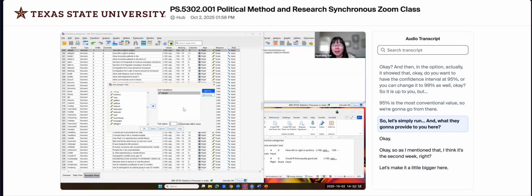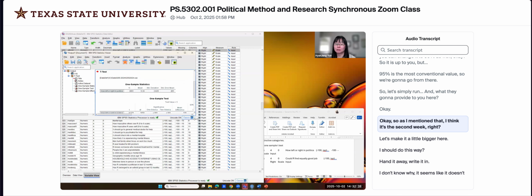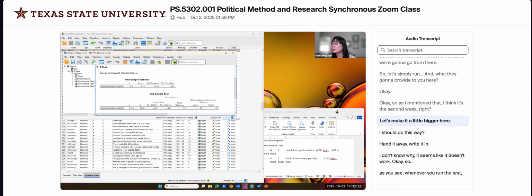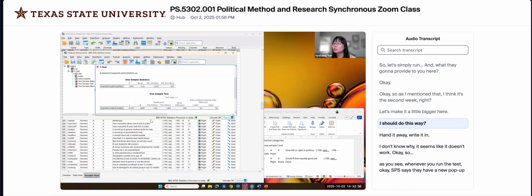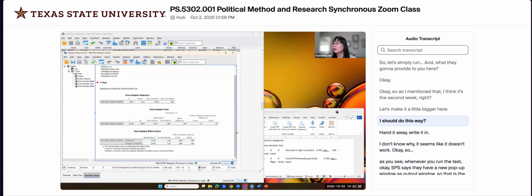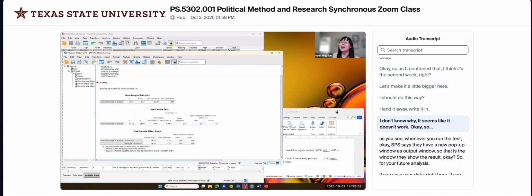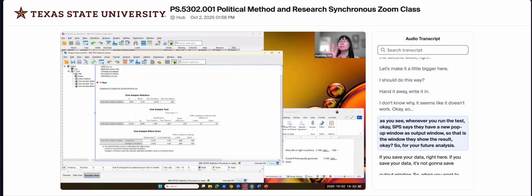So let's simply run it, and see what they provide here. As I mentioned, I think in the second week, let's make it a little bigger here. As you see, whenever you run the test, SPSS opens a new pop-up window as the output window.